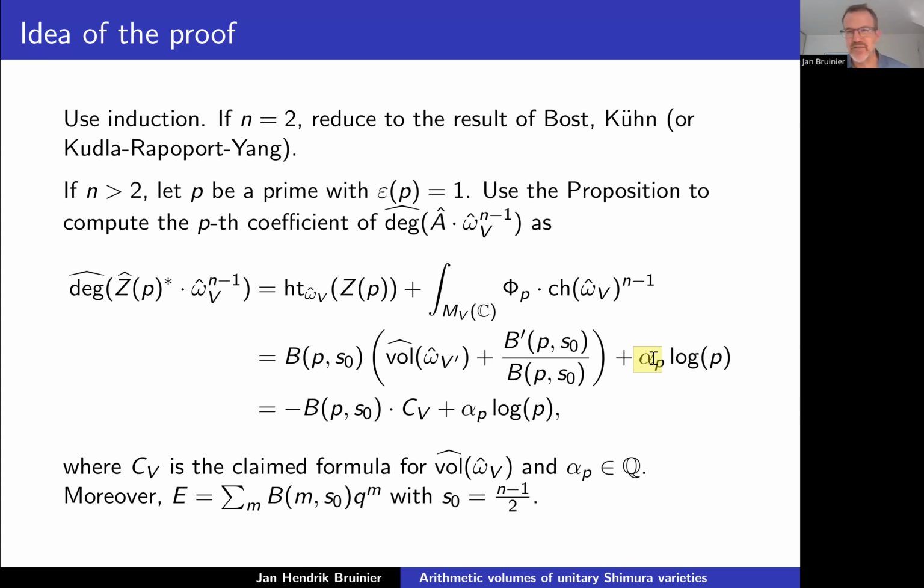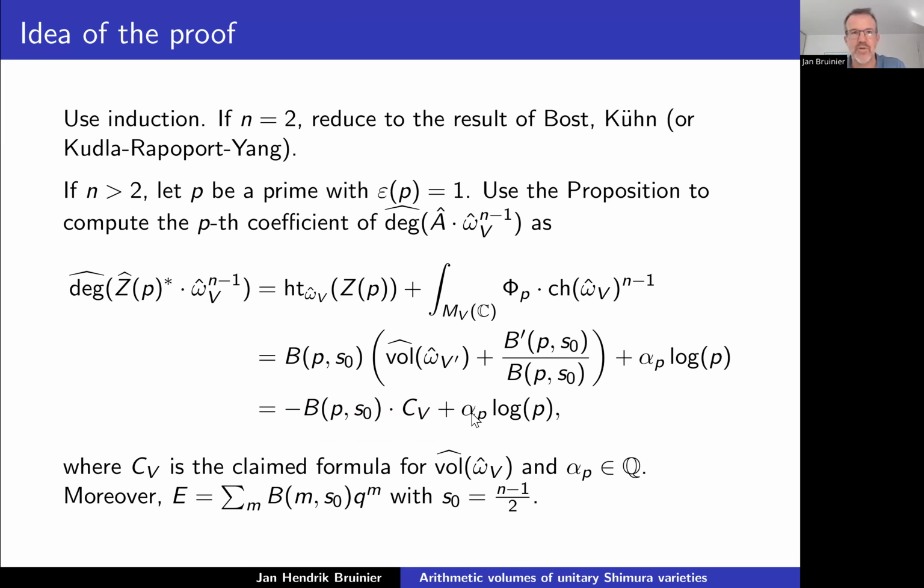But now the good thing is, if one looks at the sum here, it turns out that this is the claimed formula for the arithmetic volume. So what one gets here is that the pth coefficient of the degree generating series is the pth coefficient of the Eisenstein series times the claimed formula for the degree plus some rational multiple of log p.